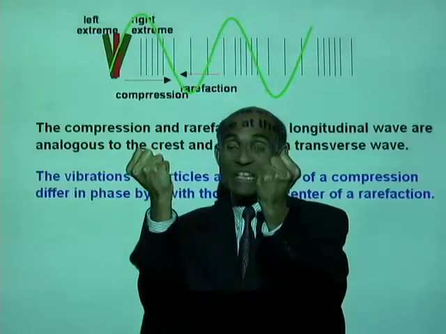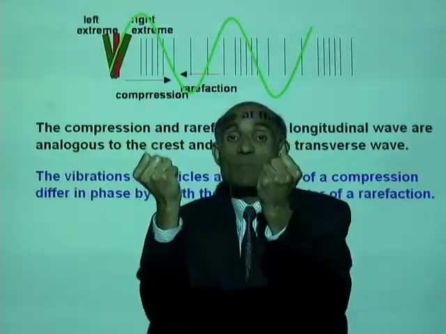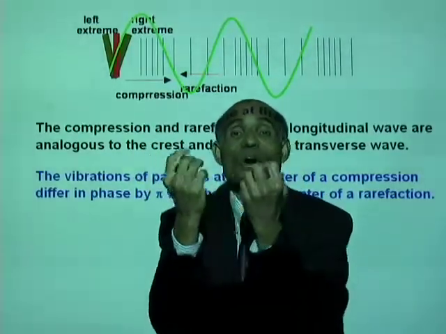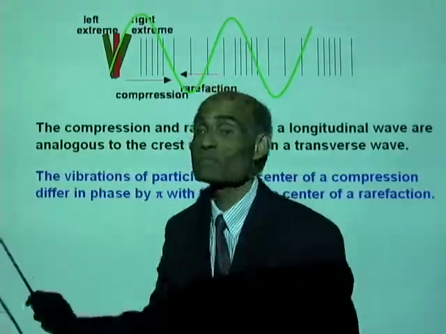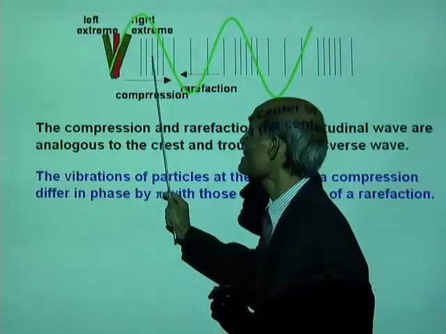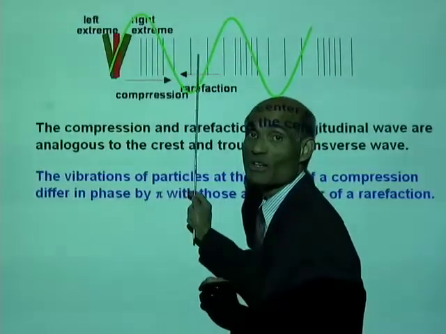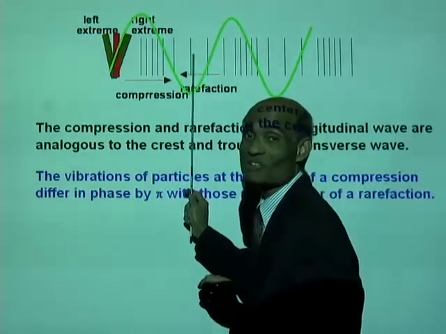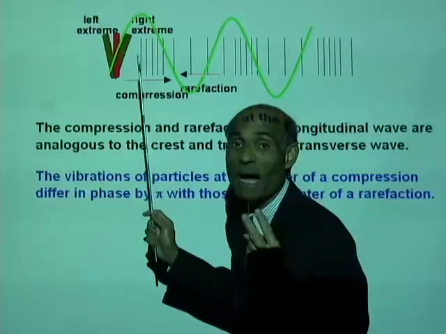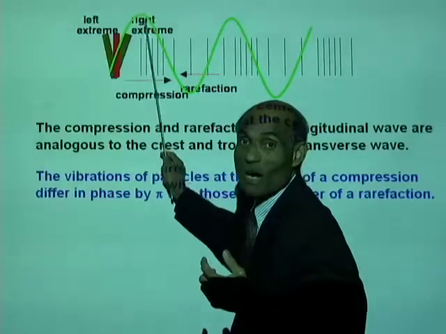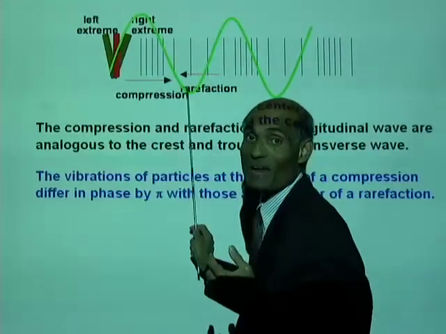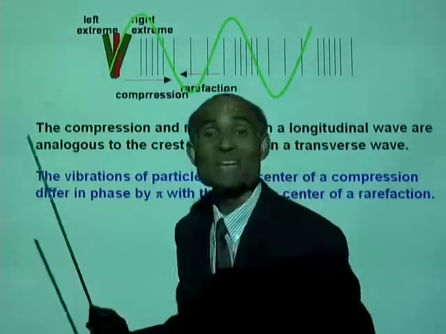So their state of motion is completely out of phase, or the phase difference is pi. The phase difference between a particle at the center of a compression and a particle at the center of a rarefaction is pi. Just the same way as the phase difference between a particle on a crest and a particle on a trough is pi.